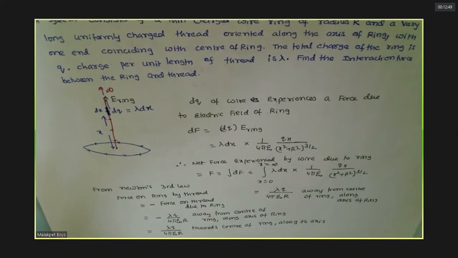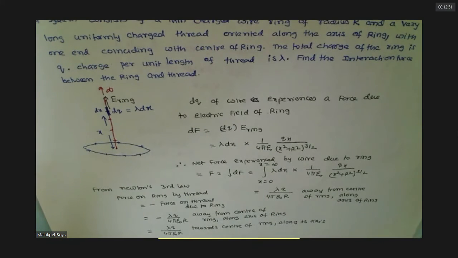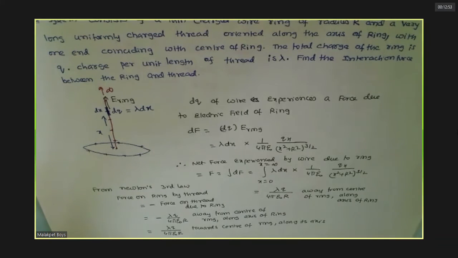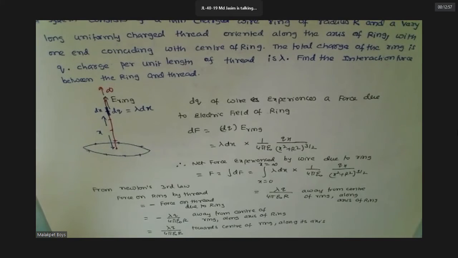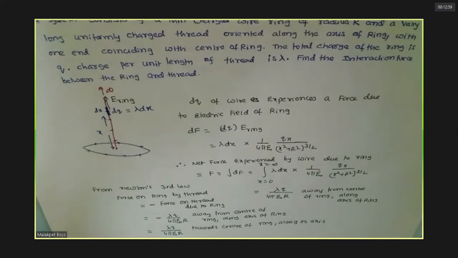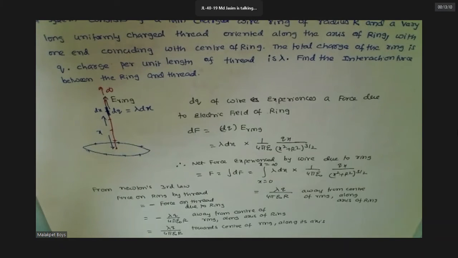Force between A and B means force on A due to B or force on B due to A. Between the ring and thread means both. Both are equal and opposite, no? Yes, sir. Understood, sir.